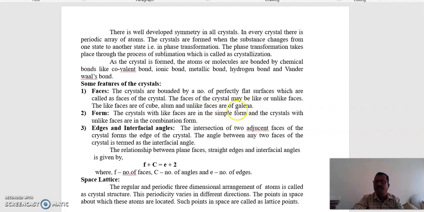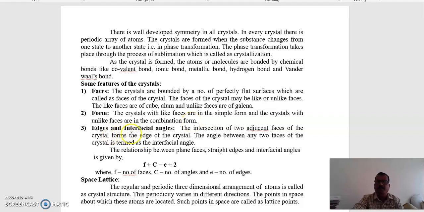The crystals with like faces are in simple form, and the crystals with unlike faces are in combination form. Remember this for multiple choice.